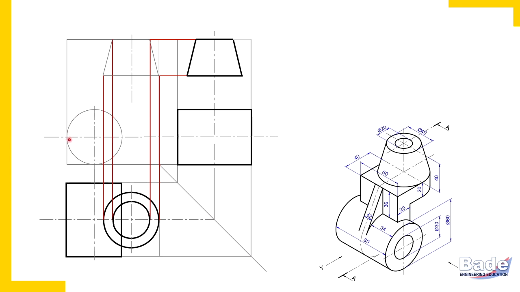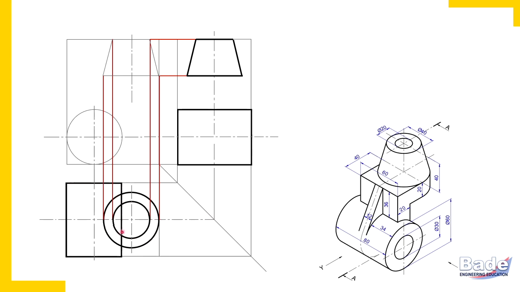Check here, listen to me now very carefully. This is a front view of cylinder and this is front view of the truncated cone. This is side view of the cylinder and this is side view of the truncated cone. And here top view of the cylinder and here it is top view of the truncated cone.